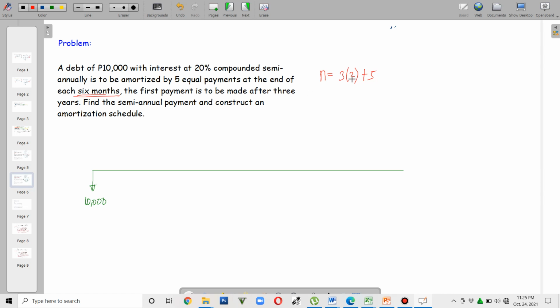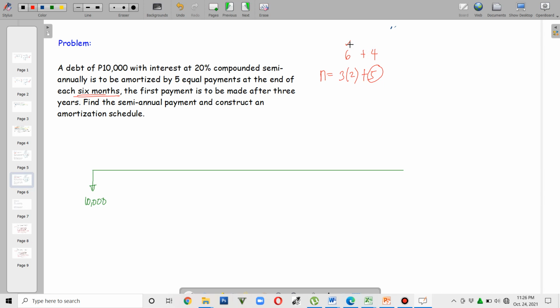Okay? So, kung kakalkulahin mo to, ito, 6 yan. Okay? So, sa 6, meron ng payment. So, ibig sabihin, may payment na dyan sa last period ng 3 years. Okay? Lahat ng payment dapat 5 lang. So, therefore, this should be equal to 4.